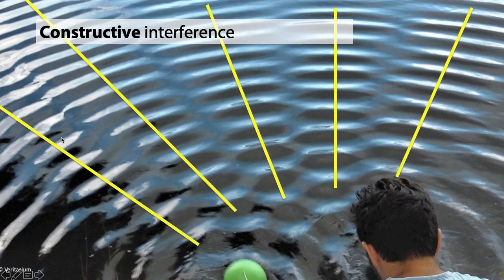And indeed, we can identify these areas here where we have constructive interference. So anywhere along these lines, we have this constructive interference. Peaks are adding together, troughs are adding together, so you have double the amplitude of waves in these places all along them.